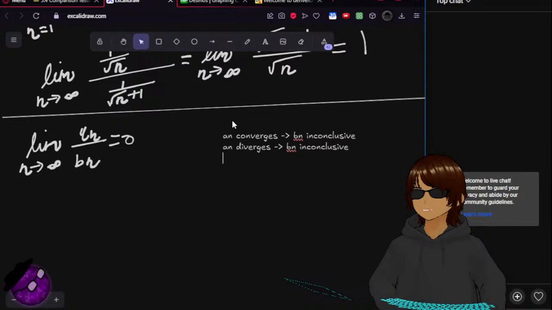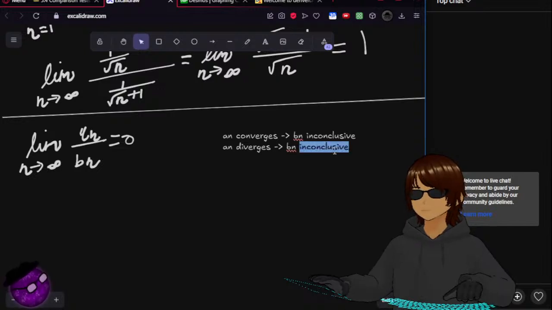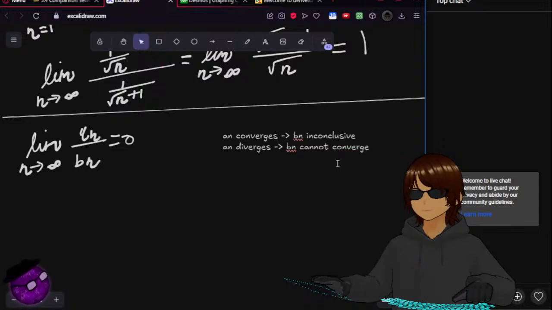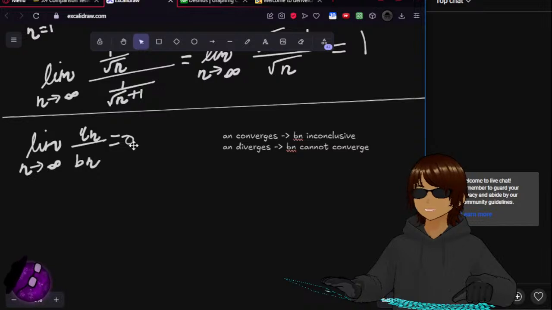No, wait. If an diverges, bn cannot converge, otherwise the limit would be infinity. If an converges, bn is inconclusive.